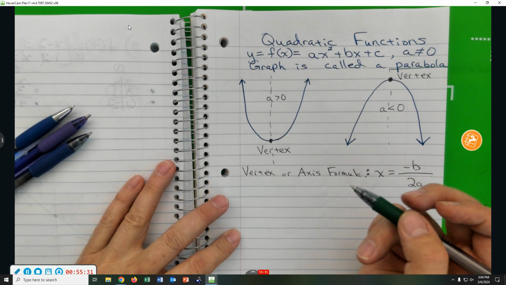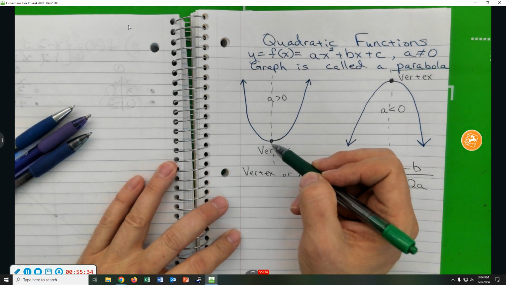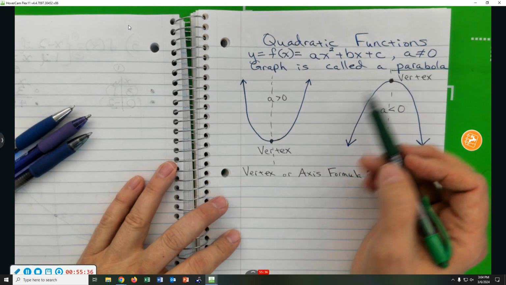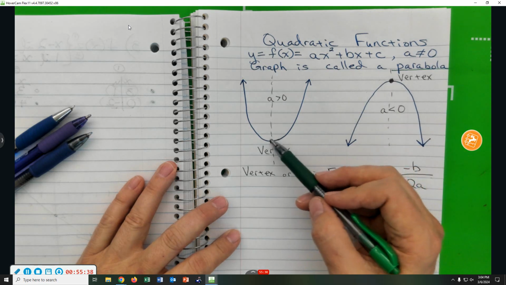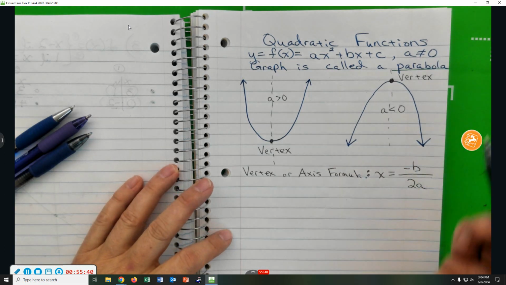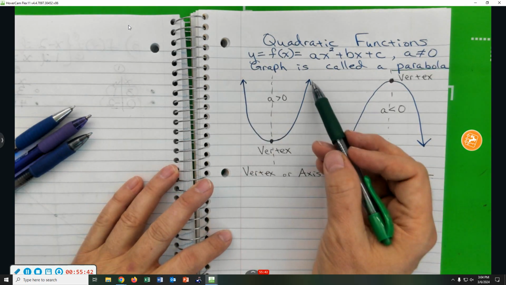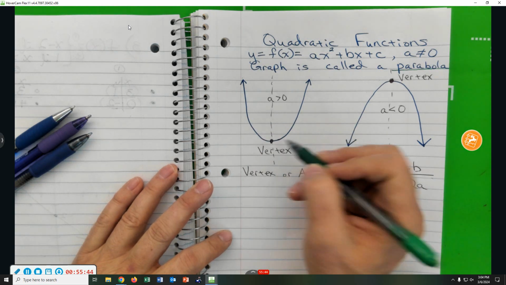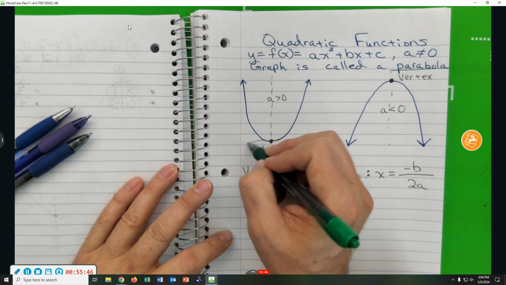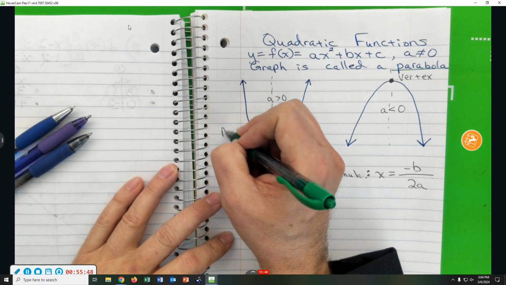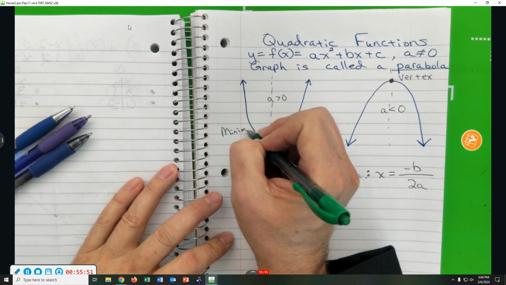And I'll tell you right now, the maximum and the minimum y values are going to occur wherever the vertex occurs. If a parabola is opening upward, the vertex corresponds to the minimum y value. That means the smallest y value.